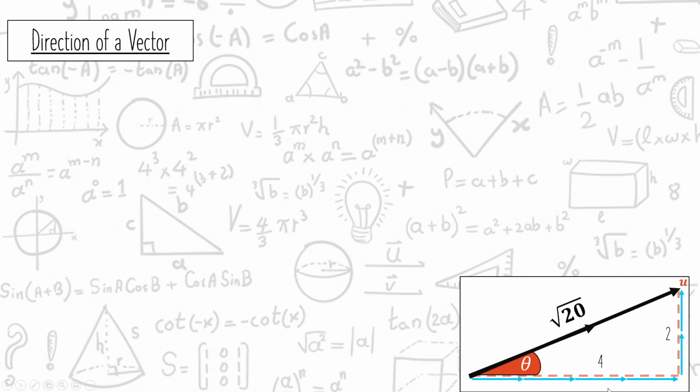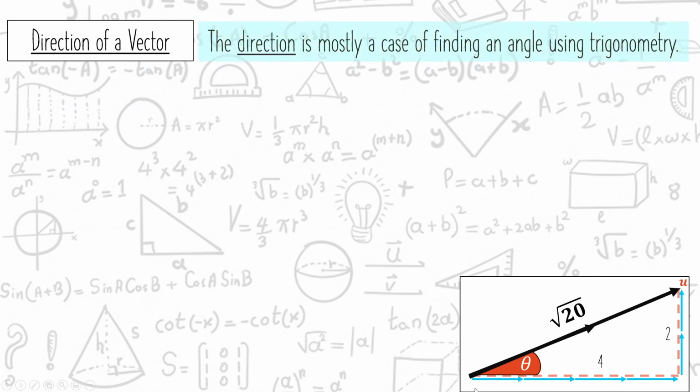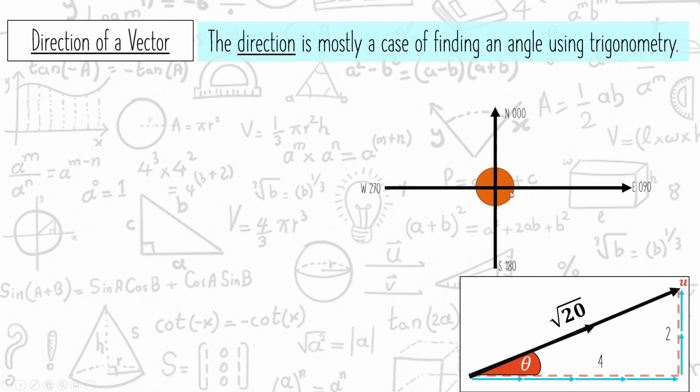We can also find the direction of a vector. This is mostly just a case of finding an angle using trigonometry, although there's a convention that we use. Something that you might remember in terms of angle conventions is bearings. We measure it from north, we go clockwise, and we write it as a 3-figure value.